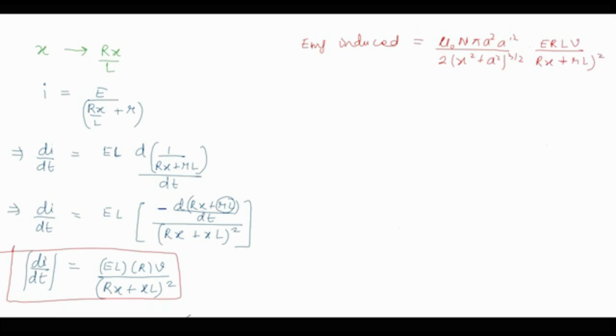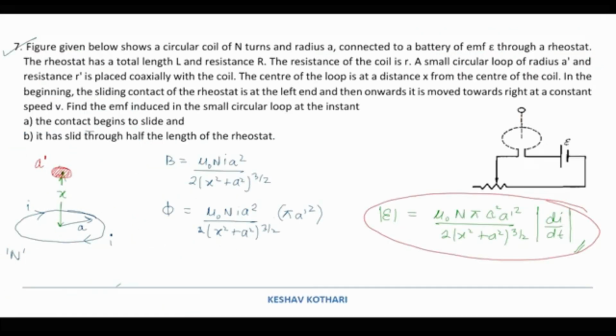Now the question asks us to calculate the value at two instants: when the contact begins to slide, and when it has slid through half the length of the rheostat.